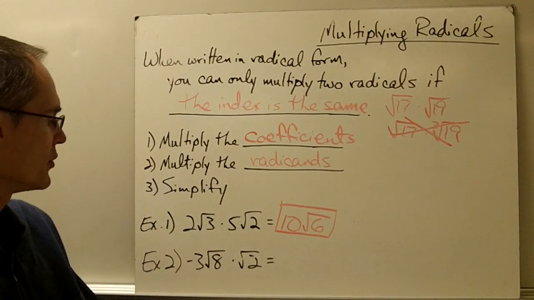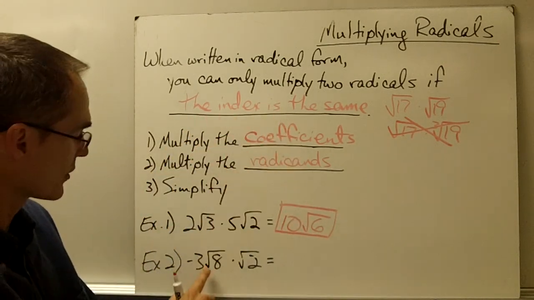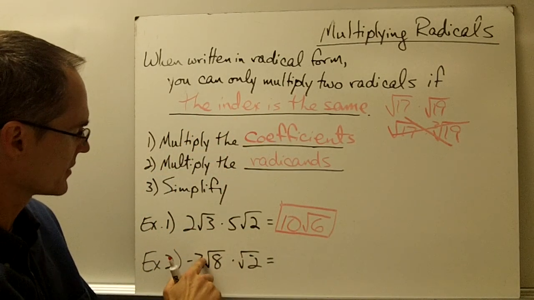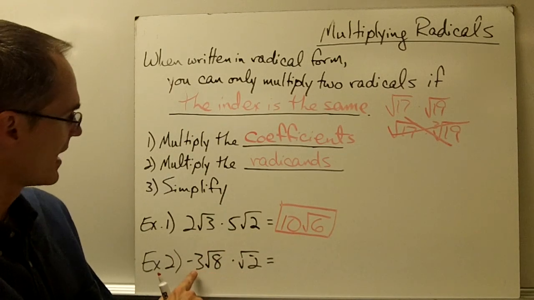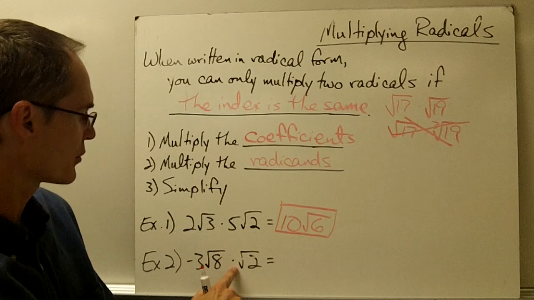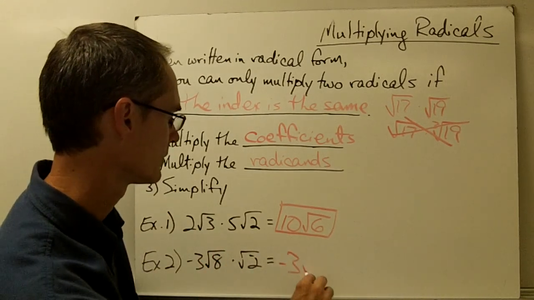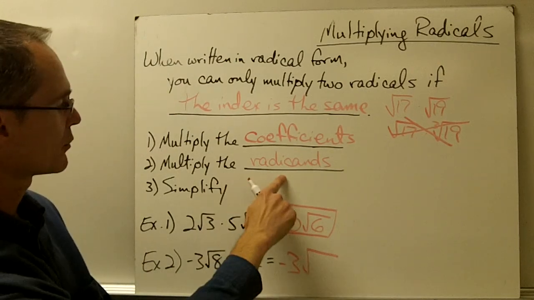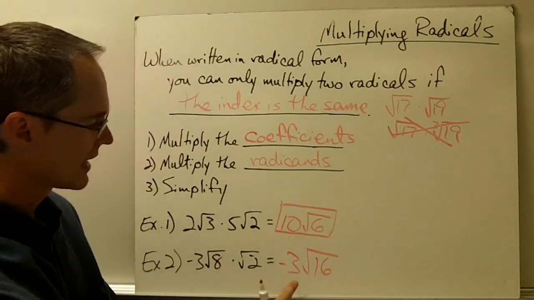Now example number 2, again I'm going to go through my 3-step process. I notice I have the same indexes here. This is a square root, this is a square root. So I can multiply these two expressions. First I multiply the coefficients. Negative 3 times 1 would give me negative 3. Then I multiply the radicands. 8 times 2 gives me 16.